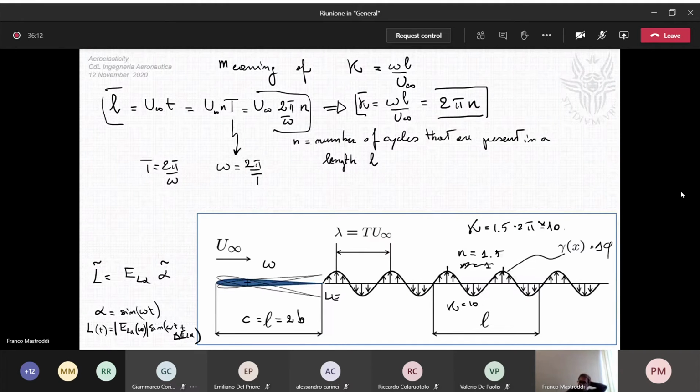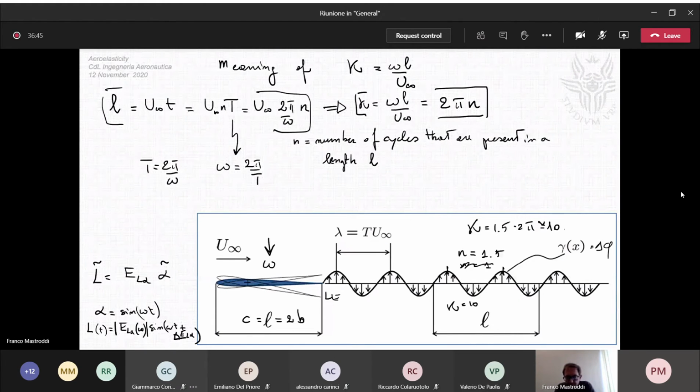So the Strouhal number is a measure of how many cycles generated by this harmonic source are present in a length on the wake, including the mechanism of wake shedding, because we are assuming that this disturbance is convected by the airfoil with a velocity equal to u infinite.